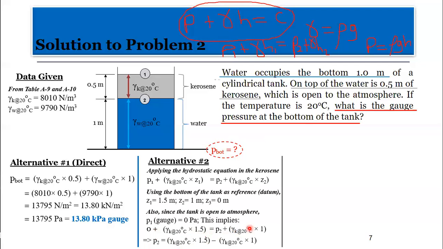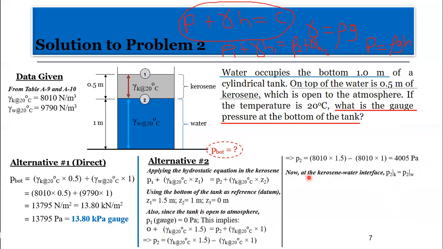Upon substitution, we end up having P2 equal to, remember, it's minus because we are taking this value across. And if we do that, we have P2 to be this value: 4,005 Pascal.